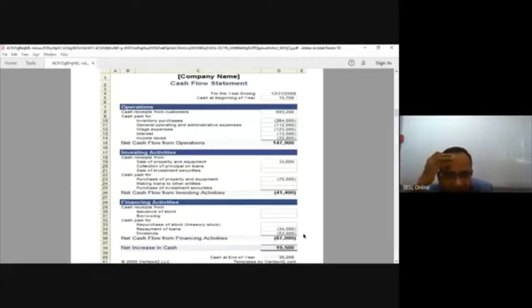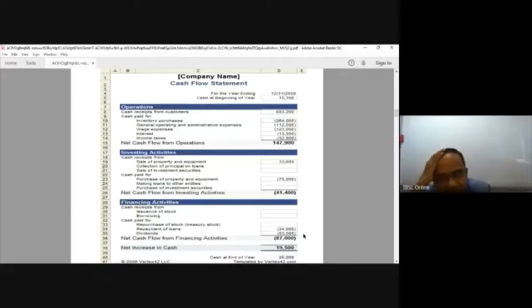Then with that you get the net cash flow from the financing activities. All three together, along with the cash at the beginning of the year, give you the net amount of money which has increased during the year, and from that you find out the total cash at the end of the year.